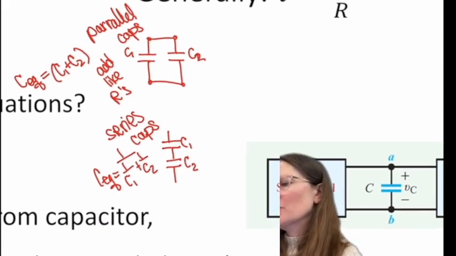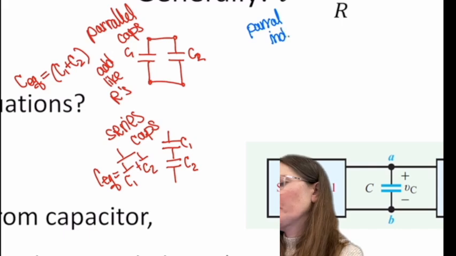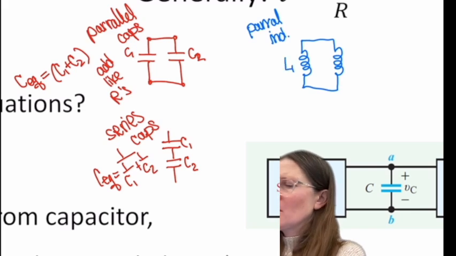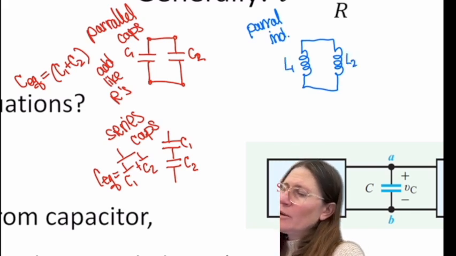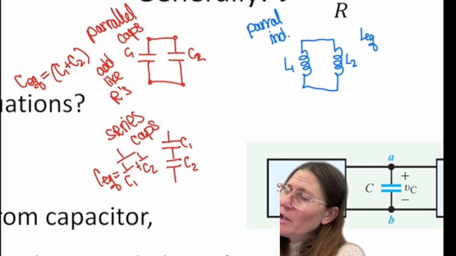For inductors, parallel inductors are like resistors. So L equivalent here will be 1 over L1 plus 1 over L2.